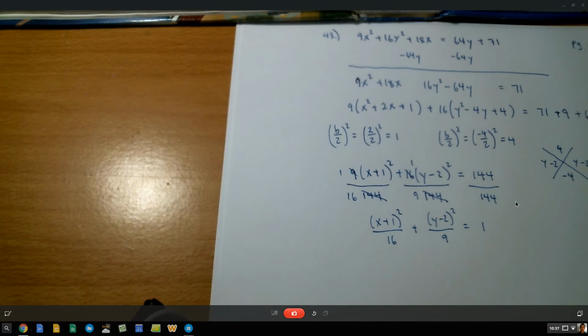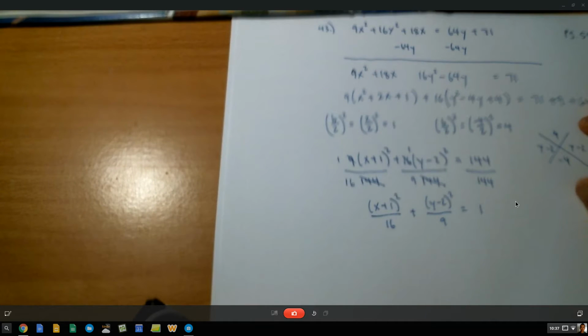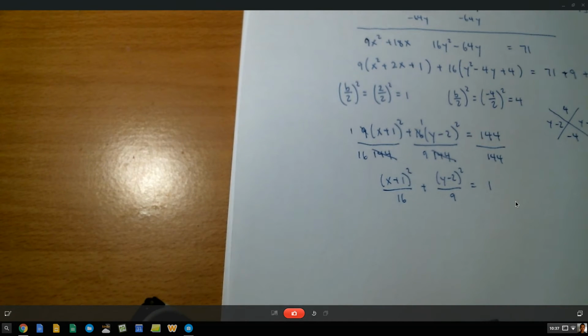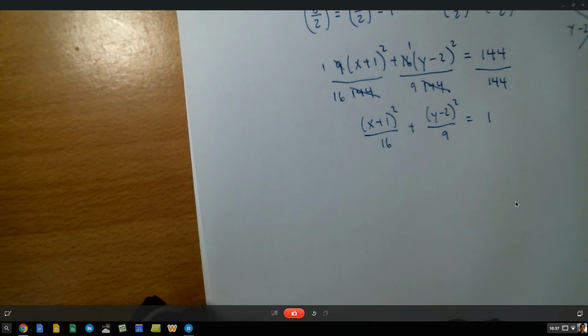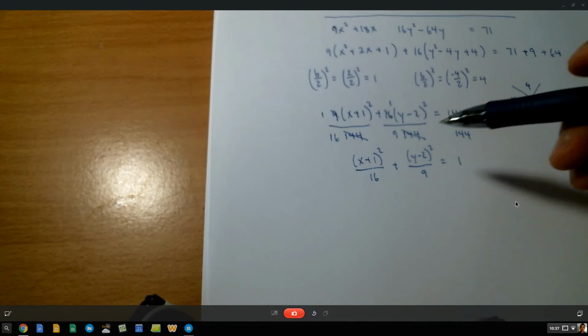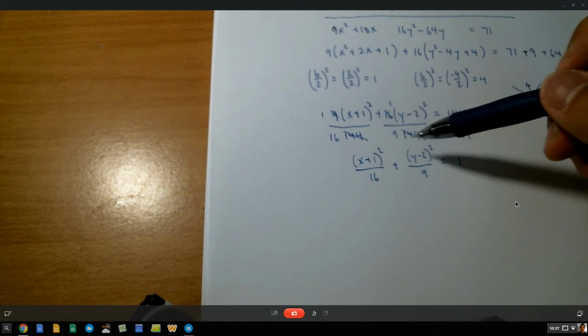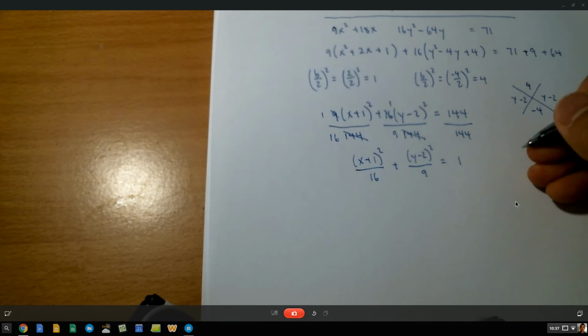Now the question says you want to translate it 3 units right and 5 units up. So let's translate this. We're going to translate this 3 units right and 5 units up. So before we do, remember, you have to put this in its original form, which is x minus and y minus. Just remember on the side. I'll put it on the side.